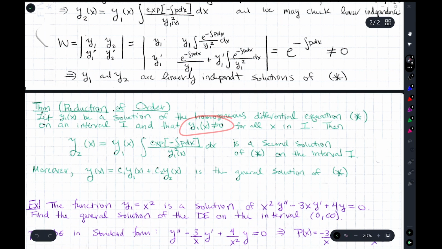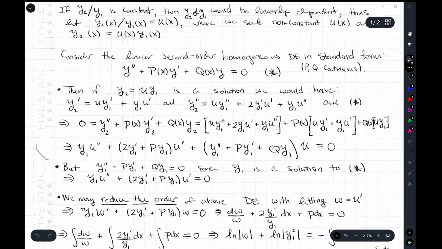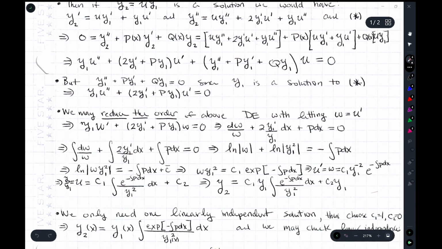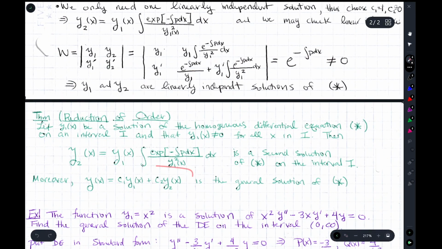This has to be a non-trivial solution to work, of course, for all x in I. Then what we derived above is a second solution of asterisk on the interval I. Moreover, because y1 and y2 is a fundamental set, and we have a second order differential equation, two linearly independent functions, we then have this over here is a general solution of the homogeneous linear second order differential equation that you see right there, in asterisk. And so we found our general solution.